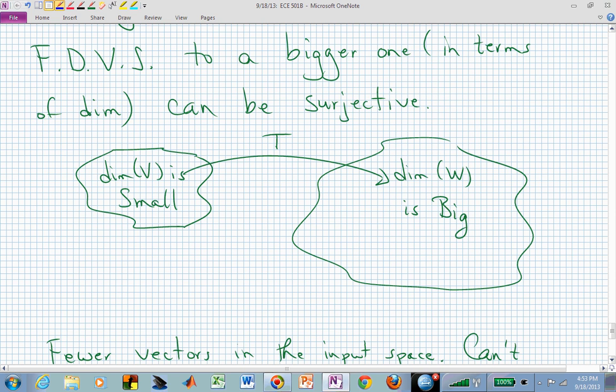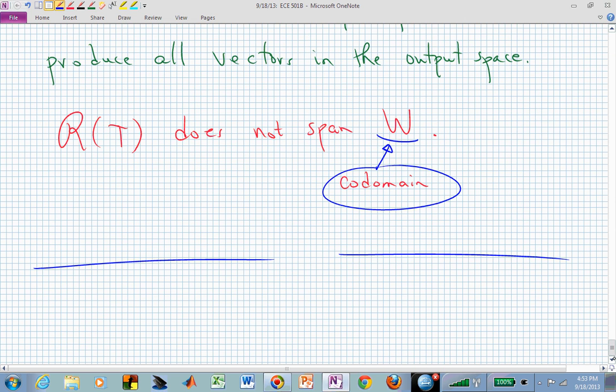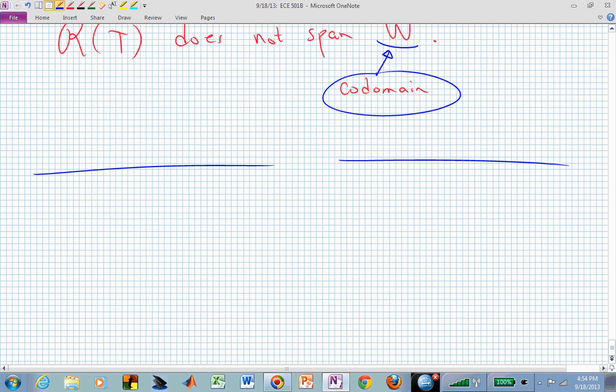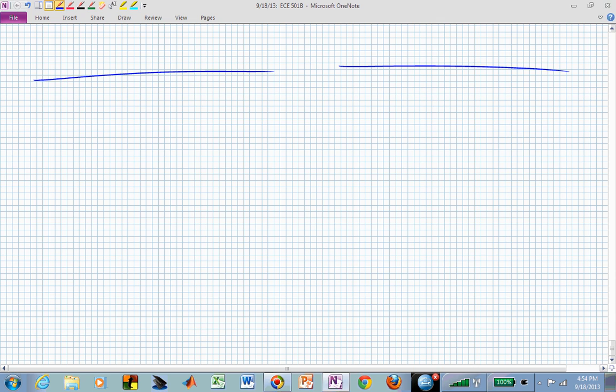Okay? Now let's go to something concrete, maybe. And that's the matrix representation of all of these ideas, these linear maps. Let's now look at, and this should just be a confirmation of what you already know, okay?